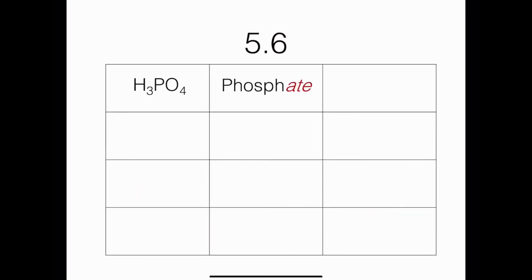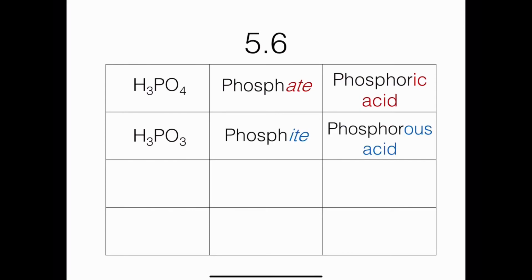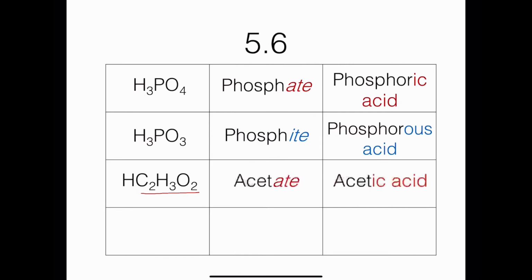So just a quick look at all of the different types that we're looking at. Phosphate becomes phosphoric acid. Phosphite, phosphorus acid. This one, if you notice on your sheet, can be written a couple of different ways, but you should be able to recognize this as acetate. Ate becomes ic. This becomes acetic acid.